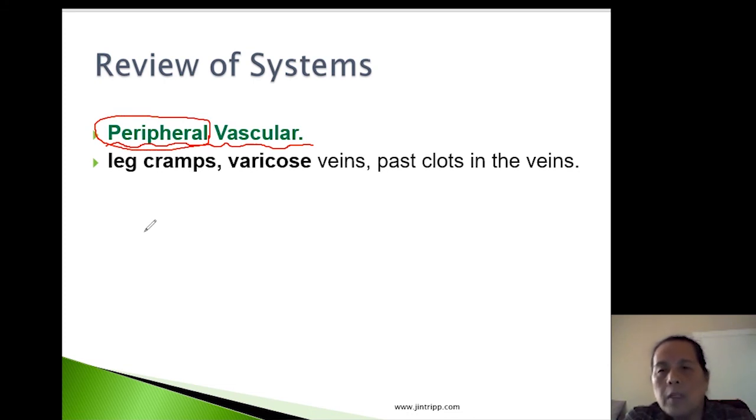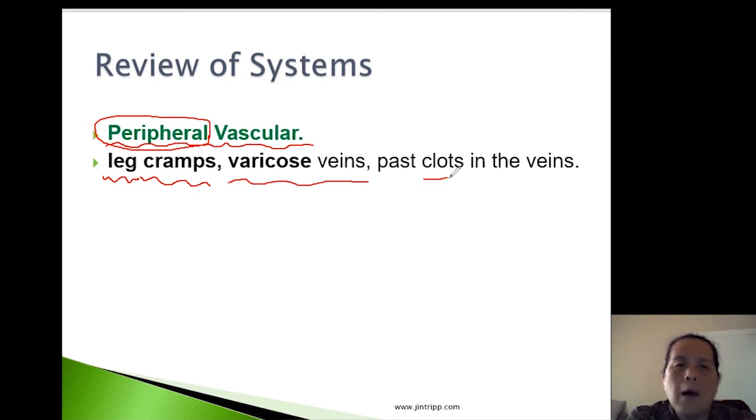Most problems or trouble happen on the lower part of the limb, that means the leg. So we ask the patient if they have some cramping, or blood vessels, veins in there enlarged, or maybe some clots in the vein before. So that's some questions in there.